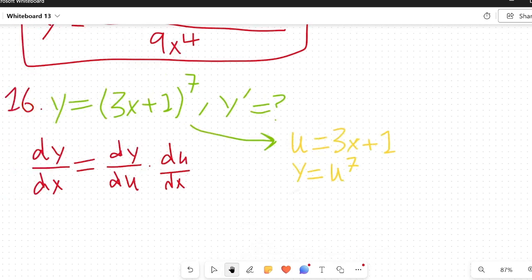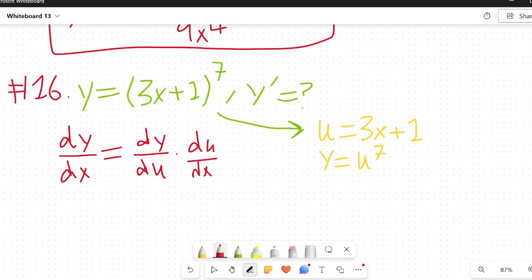If we want to get this first part of the product out of the way, take the derivative of y with respect to u. The derivative of y equals u to the 7th: we just bring the 7 out in front, and it becomes u to the 6th. So this is just 7 times u to the 6th, right? And then we have to multiply by the derivative of u with respect to x. So if u equals 3x plus 1, u prime is just going to be equal to 3.